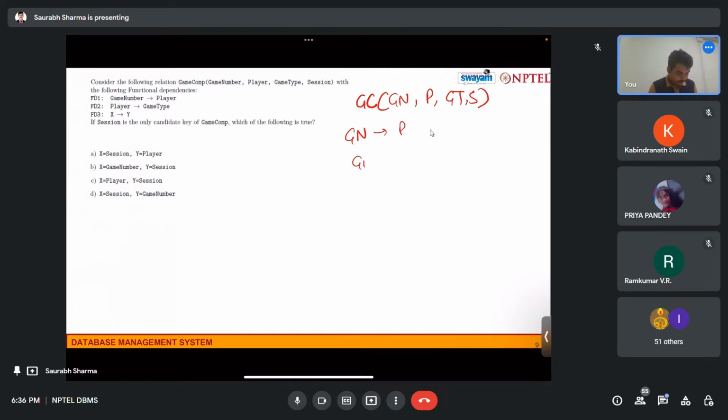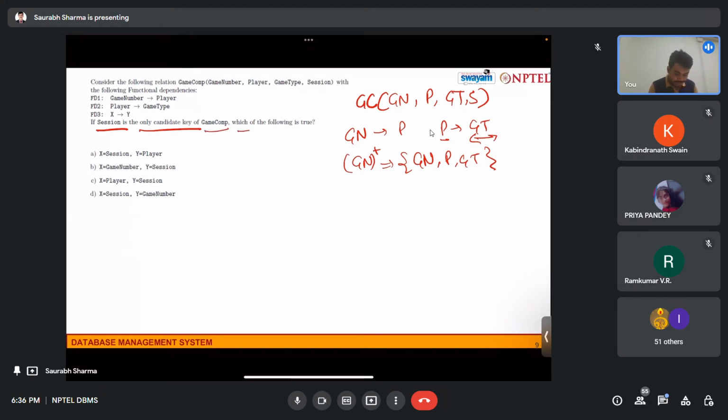Player actually determines game type. If we take the closure of game number, we will get game number, then player, and from player we get game type. Now it is telling that session is the only candidate key for game company.